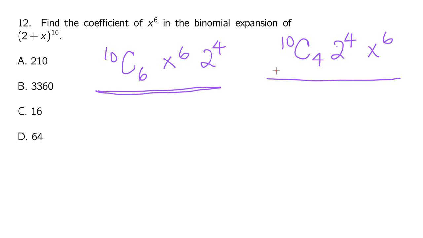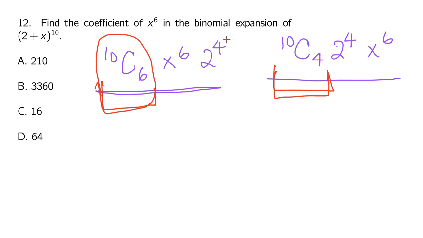The reason these two are the same is that 10 choose 6 and 10 choose 4 are the same number. You can use the formula to check that they're the same, but there's another reason why they are the same. I'll cover that in another video.